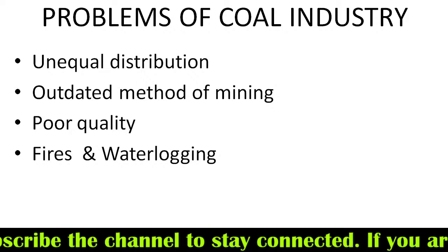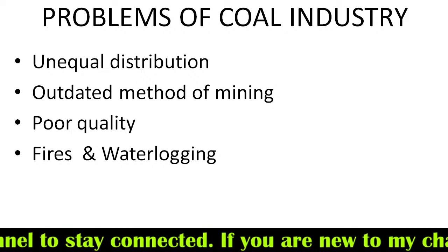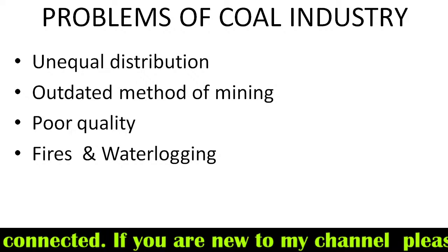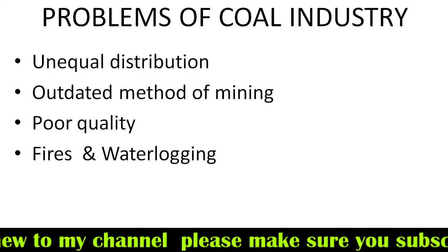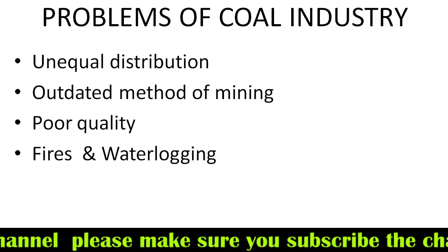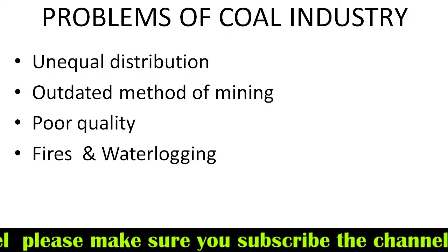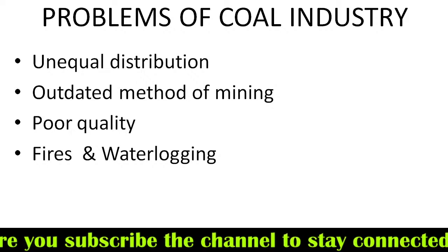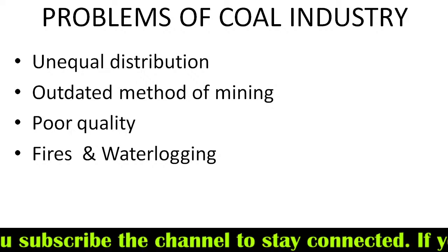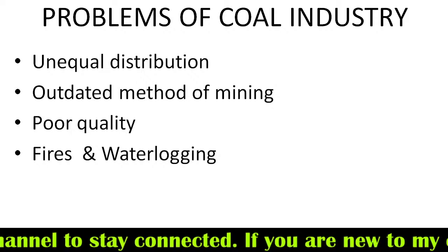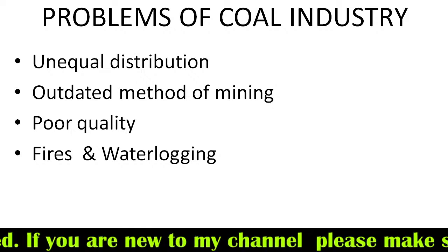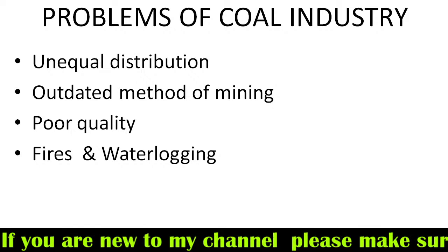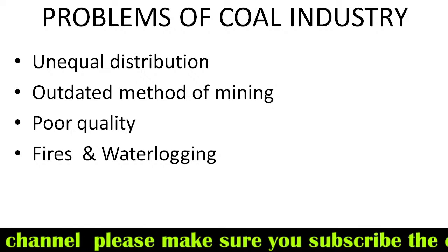So there is unequal distribution of coal. As we said just now, Odisha, West Bengal, Jharkhand, Chhattisgarh, Madhya Pradesh are prominent coal producing states. But other states like Karnataka, Kerala and others have almost no coal.